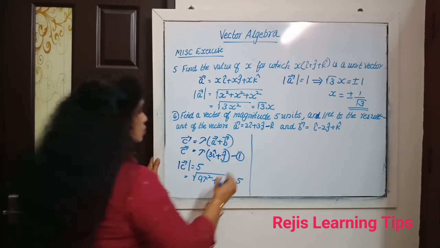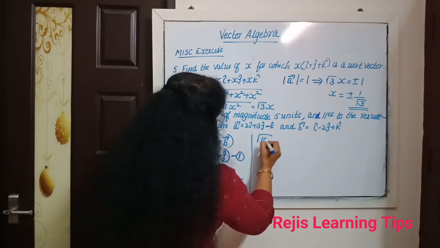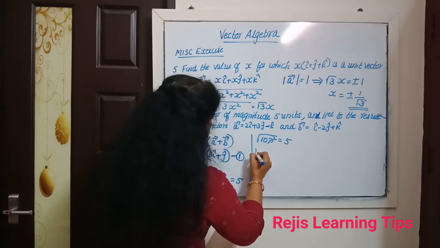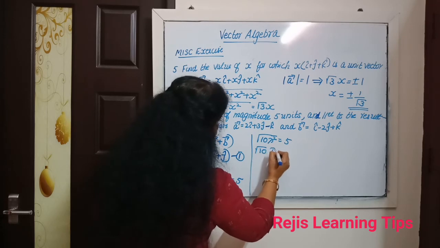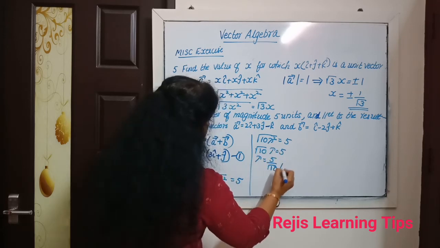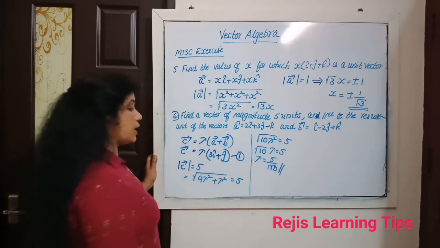Okay, then we can write root 10 lambda square is equal to 5, that is root 10 lambda is equal to 5. Therefore lambda is equal to 5 by root 10.